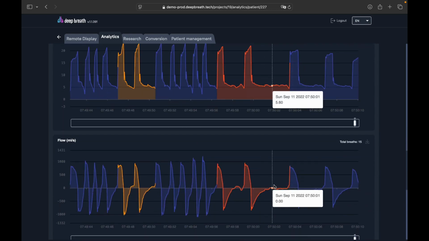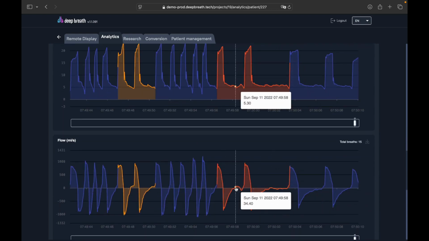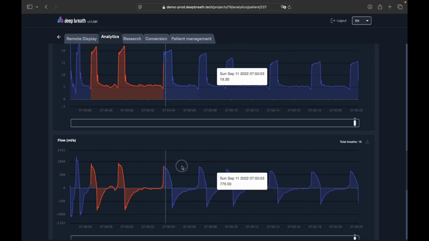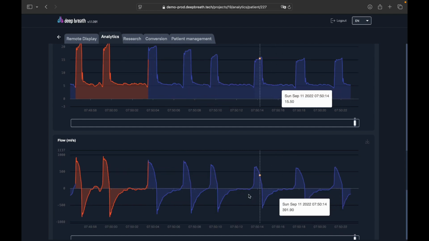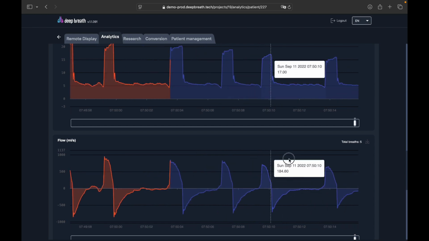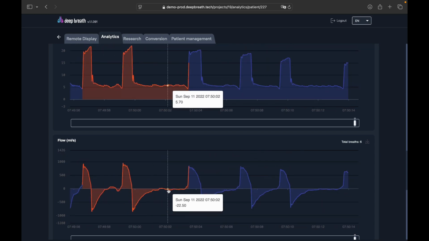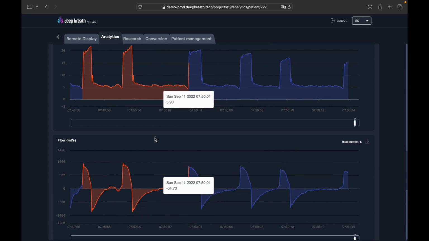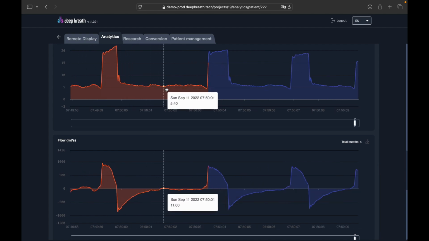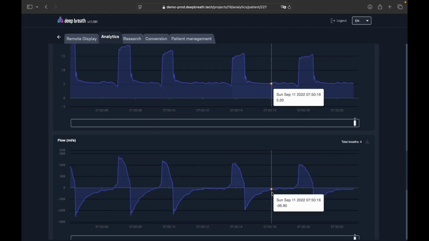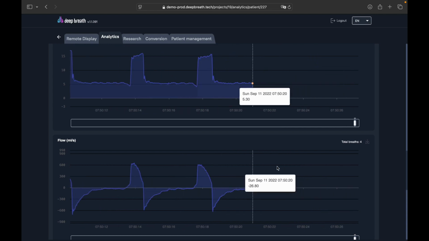We see that detection is quite good. And the most challenging thing is that there was a lot of cardiac oscillation during this period, and it was very hard to tell the algorithm that this is a patient effort to breathe, because in more detail we see that this is a true attempt to breathe, and this is just regular cardiac oscillation, so it's not an attempt to breathe.